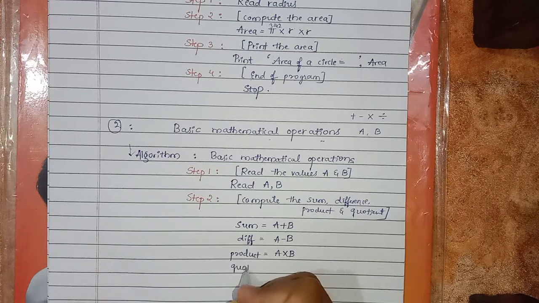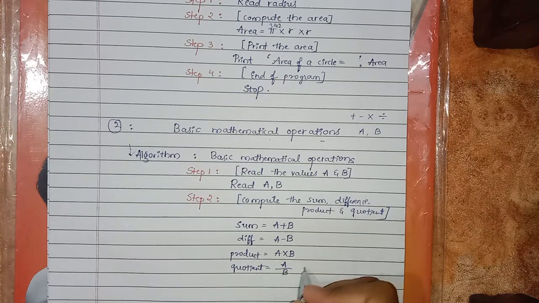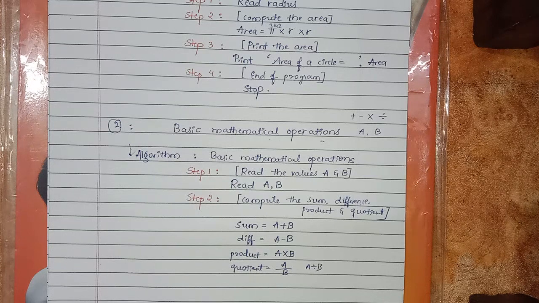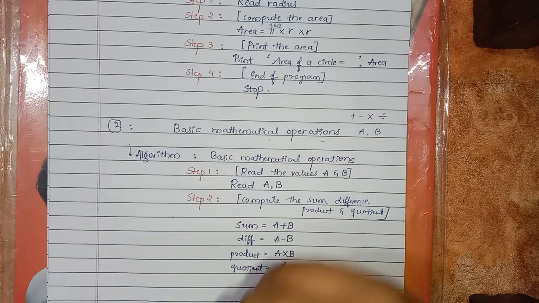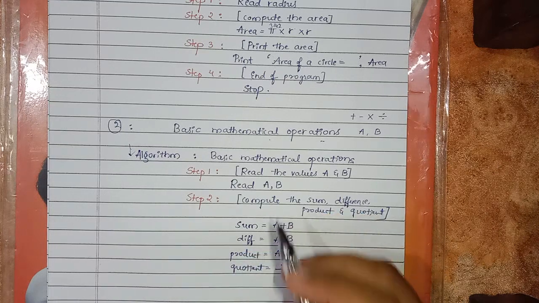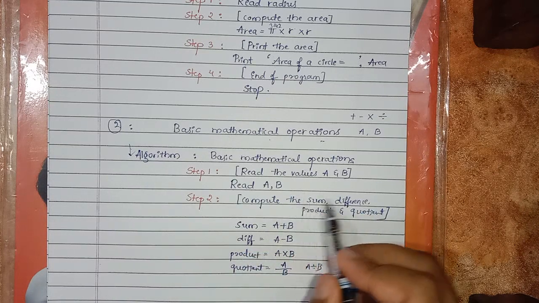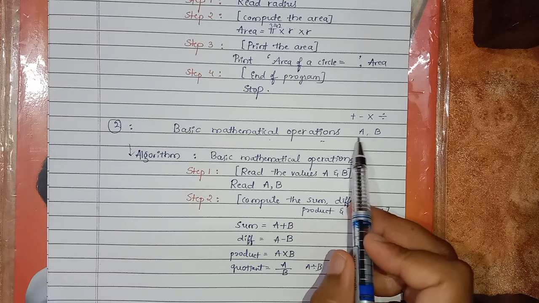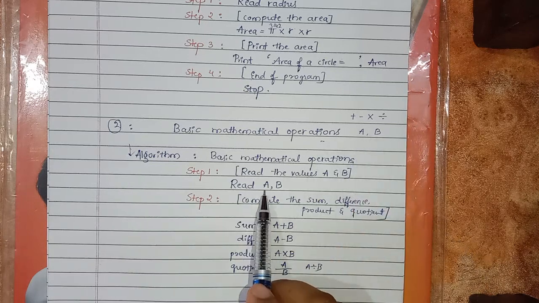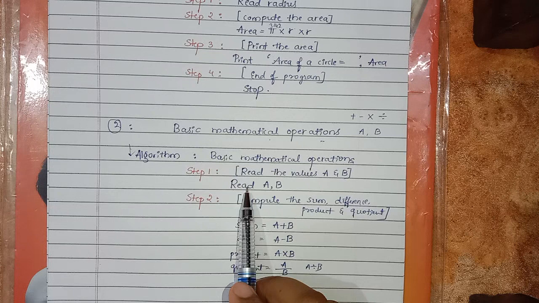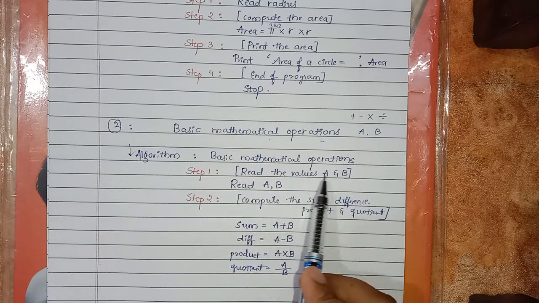And quotient equal to a divided by b. Okay, so what we have done here, see carefully, they have asked to perform basic mathematical operation, 4 mathematical operation were there, and they have not given anything. So before doing anything, we should consider two values a and b. So read a and b is your first step.